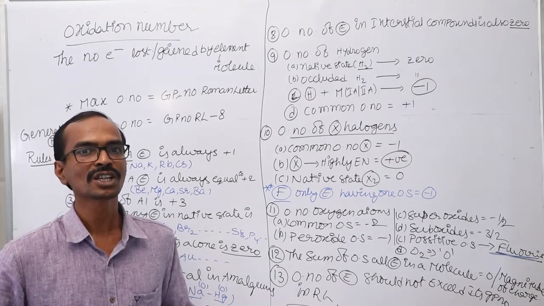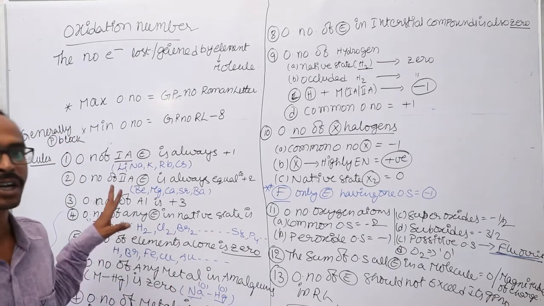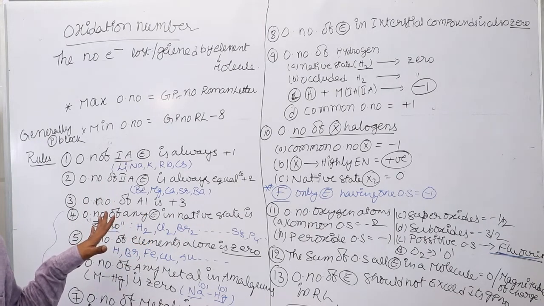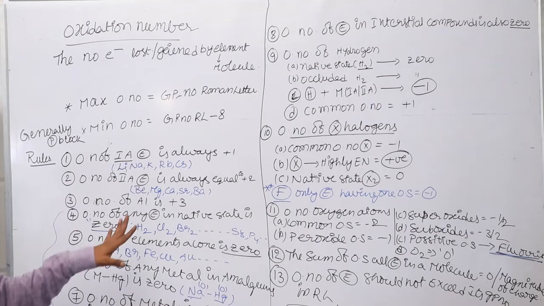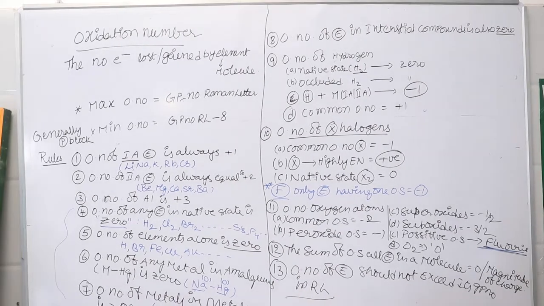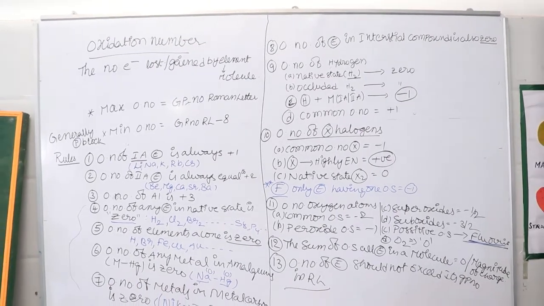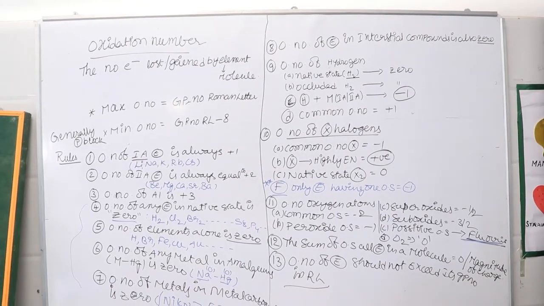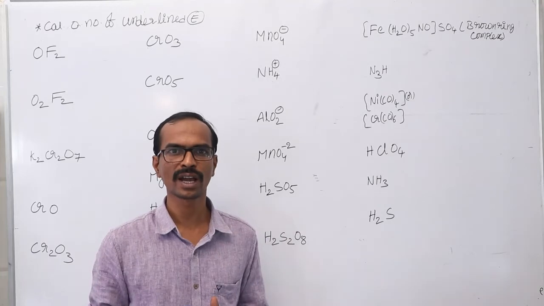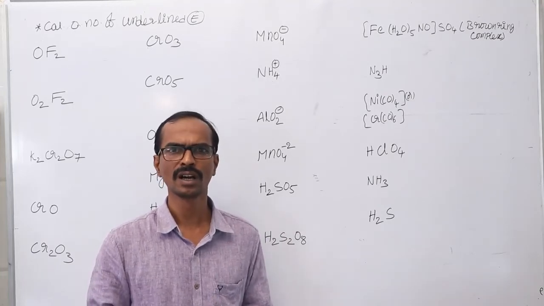First of all, just look at this board and read all these points. Take a screenshot or something. Just preserve these things and simply remember these rules. Okay friends, those are the rules for calculating the oxidation number of the elements.